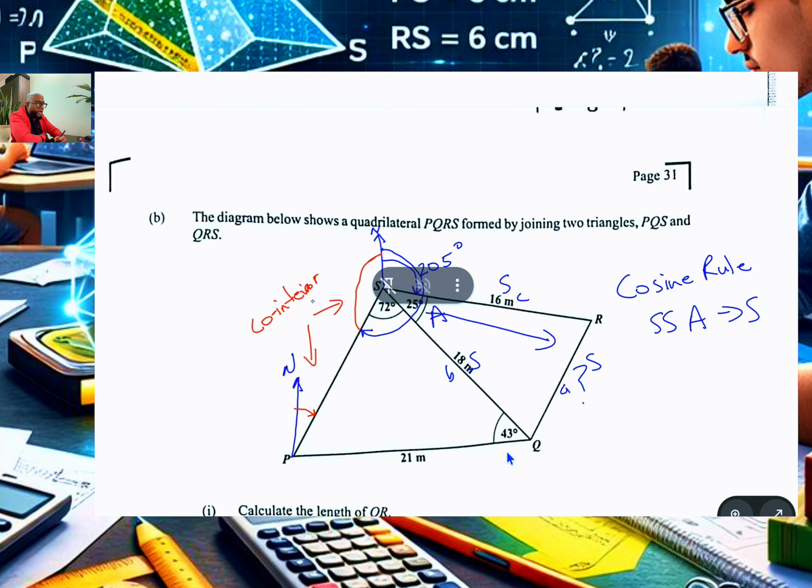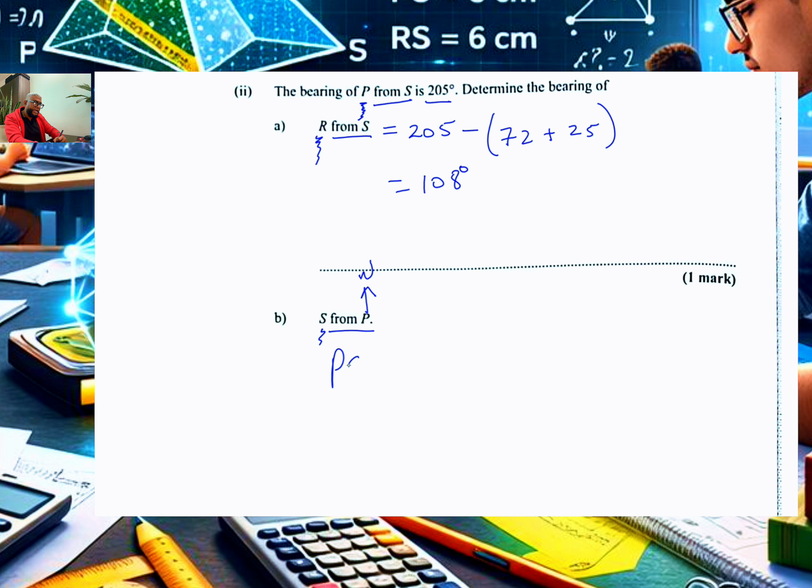Co-interior angles add up to 180 degrees. So how do we get here? We want to get this angle first. That angle, we call it P to S to N. 360, which is the complete revolution, minus 205 would give me this piece, P to S to N. That will be equal to 360 minus 205, and this will be equal to 155 degrees.